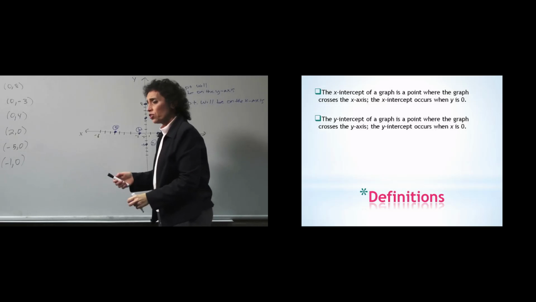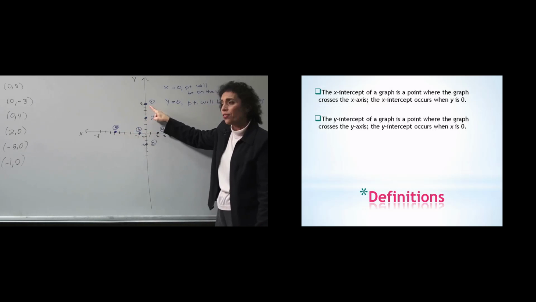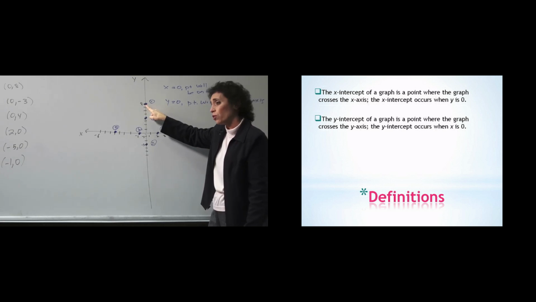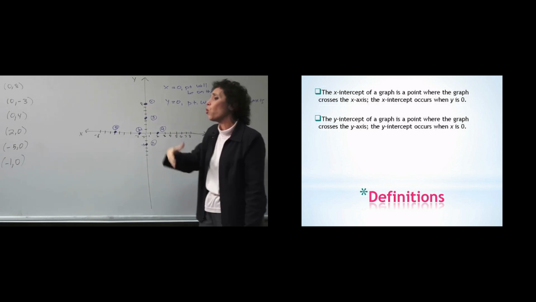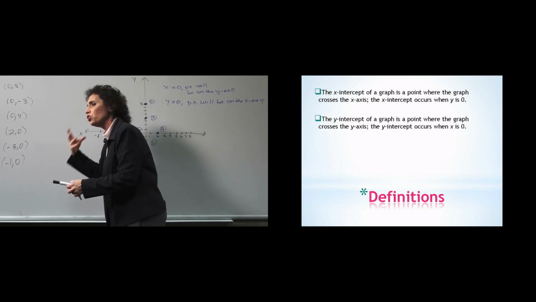Which brings us to a definition: the X and Y intercept. The Y-intercepts are the points where the graph crosses the Y-axis. So this is a Y-intercept because it crosses the Y-axis. I could say the Y-intercept is (0, 8) or just 8, because if we say the Y-intercept is 8, we know by definition X must be 0.